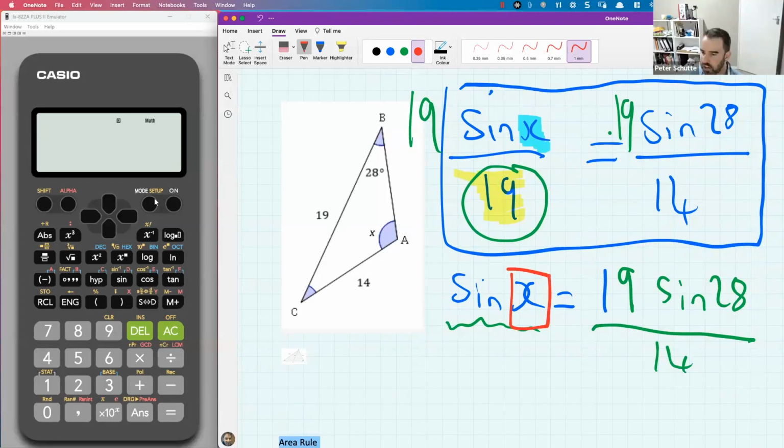So Fatejo had said the inverse. How do you find the inverse? You go shift, sine, and you get this little sine minus 1 thing. Then inside of that, you need to put the values that are here. So what do we get for that? So 19.